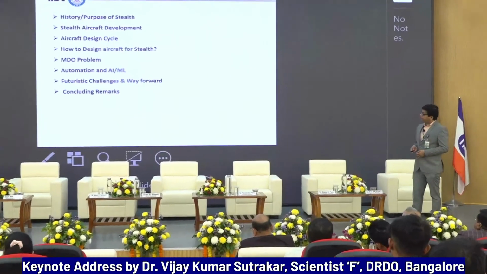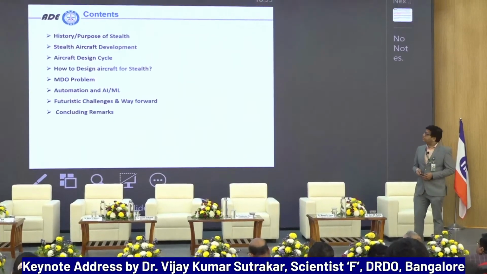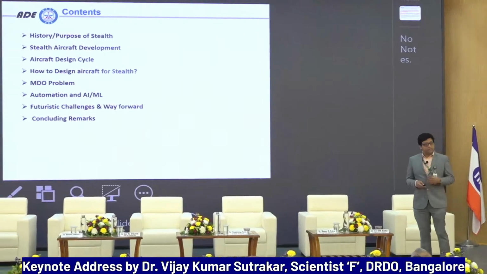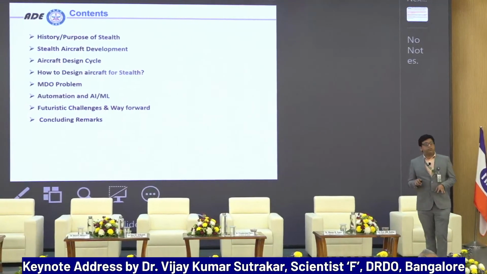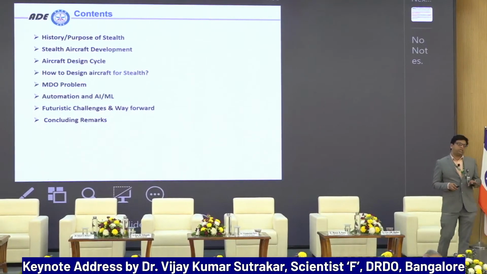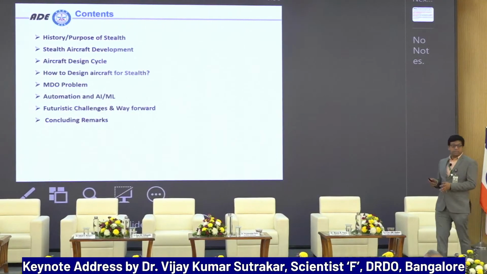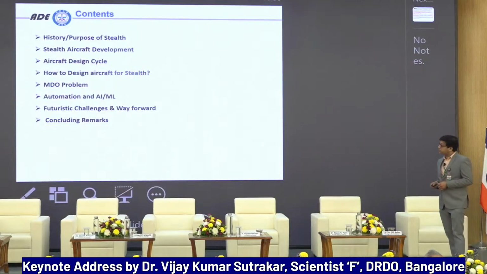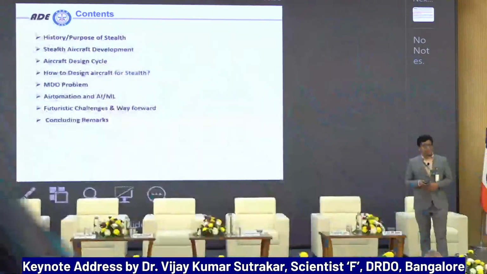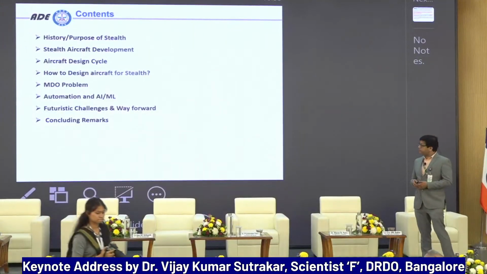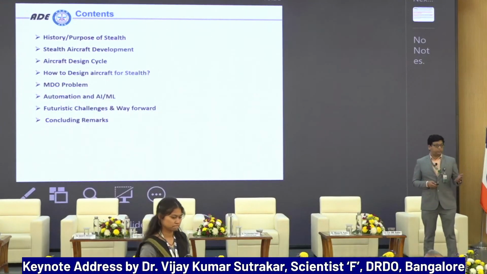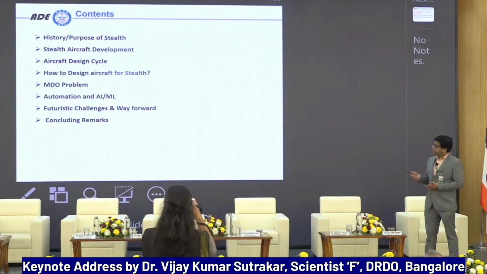So we'll briefly touch on the aircraft design cycles, and then show how we design a stealth aircraft. We'll show one MDO problem comparing a conventional aircraft design with a stealth aircraft design, what the differences are and what the challenges are, along with some automation in AIML, an area where a lot of R&D activity is happening.